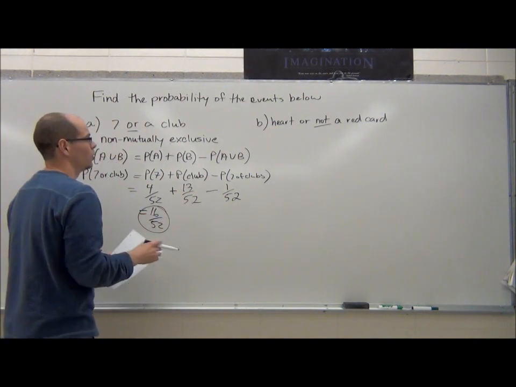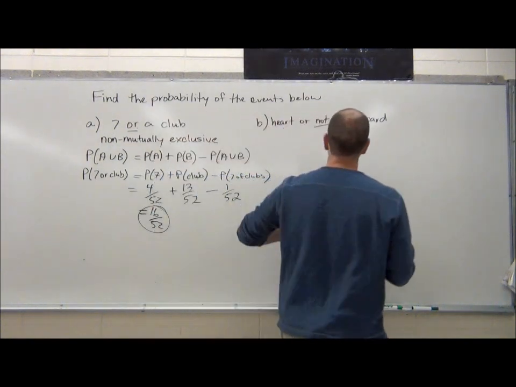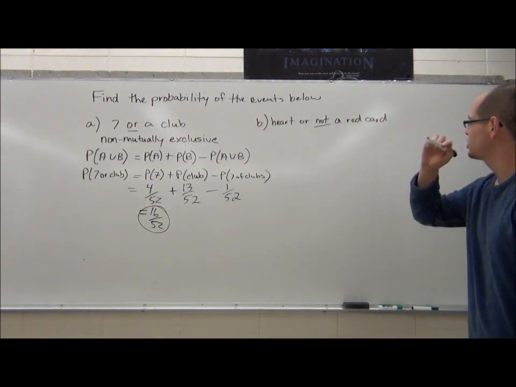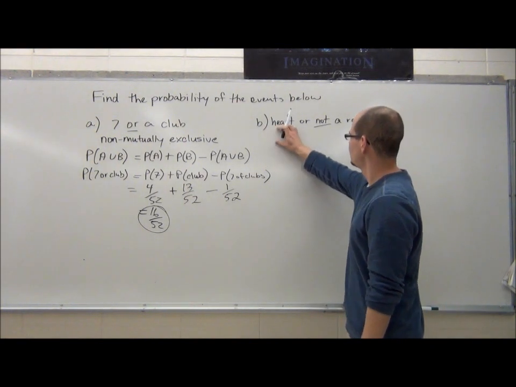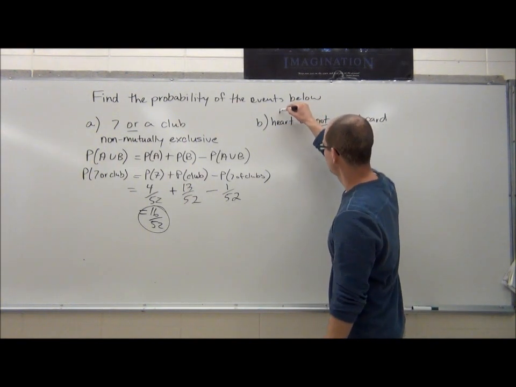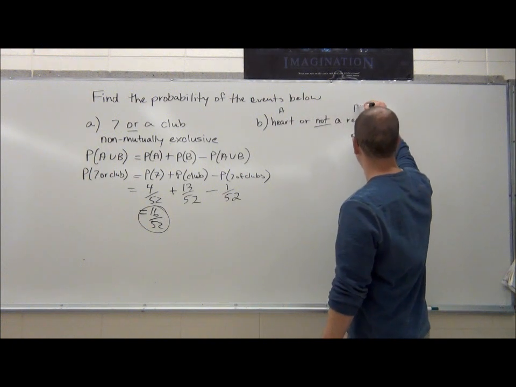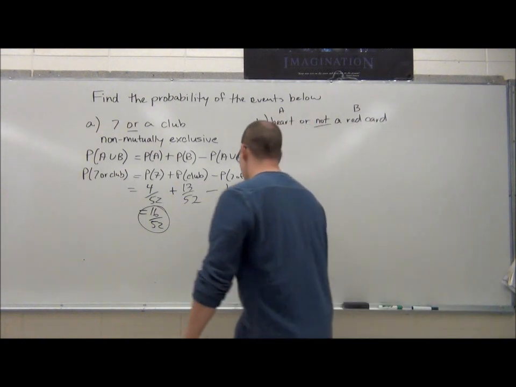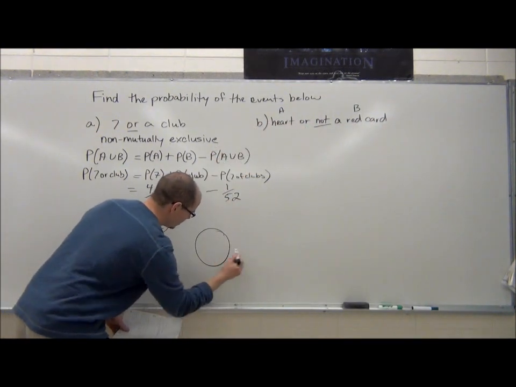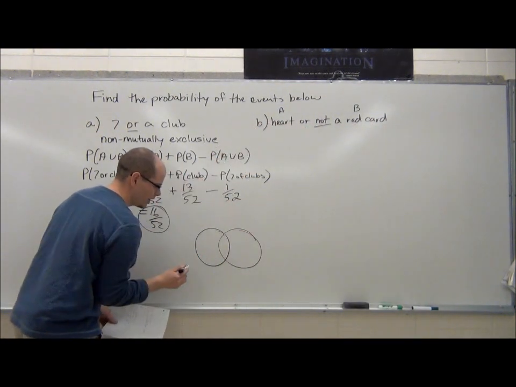Okay, now over here, a heart or not a red card. Again, we've got to ask ourselves, is this mutually exclusive or not? For event A and event B, are there any common outcomes? Again, with a Venn diagram, which I can draw under here. If this is event A and this is event B, do they overlap like that?